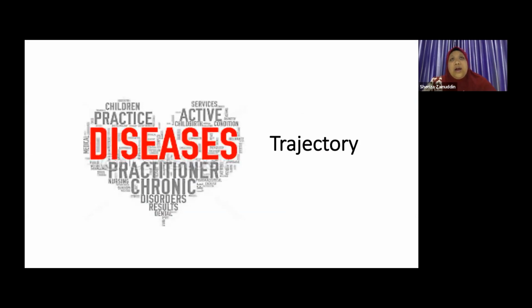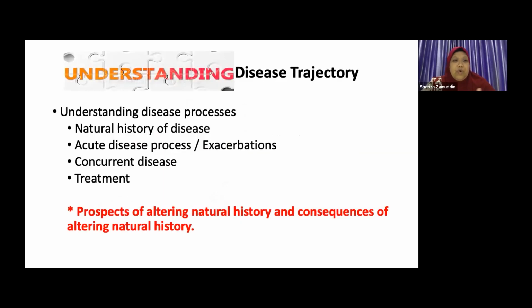The discussion with the clinician should be about the natural history of the disease, what things we look out for, such as acute exacerbations or concurrent diseases that may aggravate or even make the prognosis worse, or even treatment that can improve prognostication.